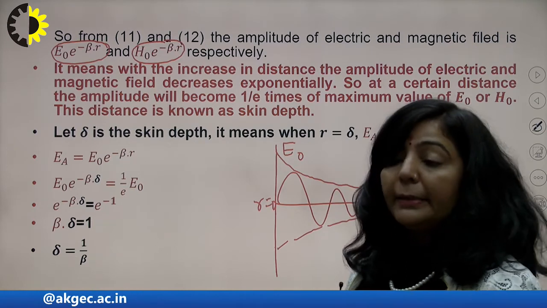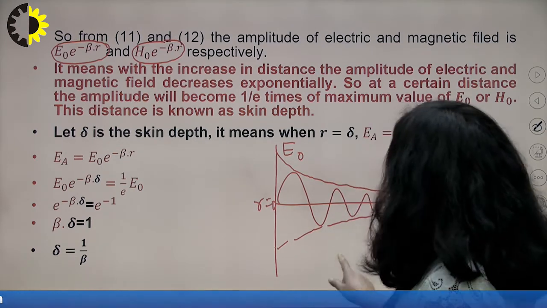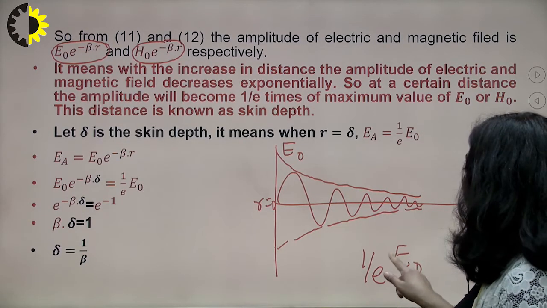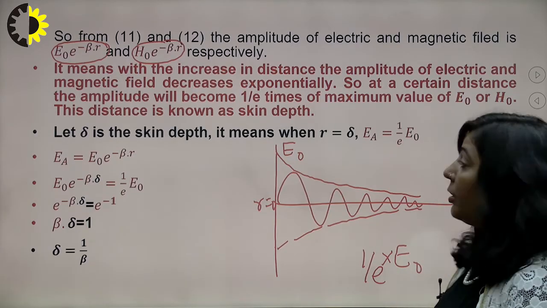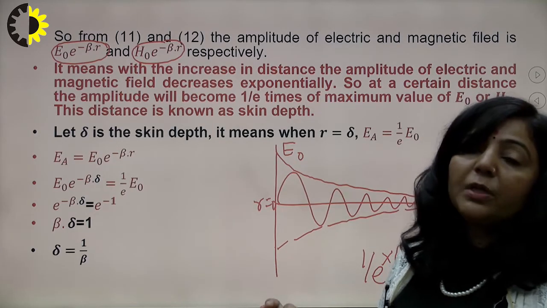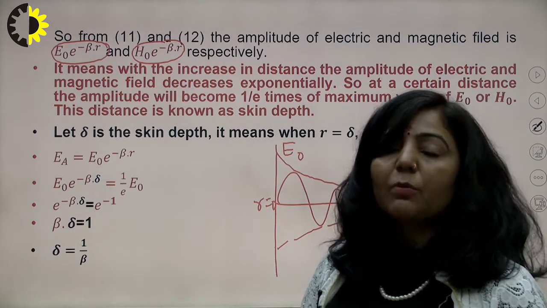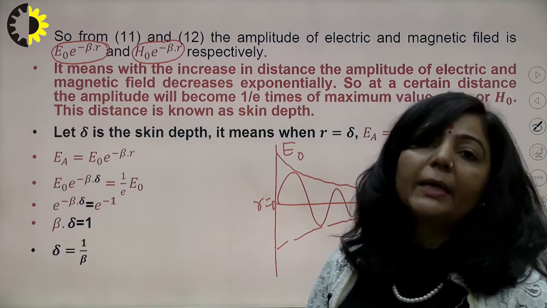So there will be a certain distance at which the amplitude will become 1 upon e times the maximum value: in terms of electric field, E naught, and in terms of magnetic field, H naught. That particular distance at which the magnitude of electric field is 1 upon e times the maximum value is known as skin depth.